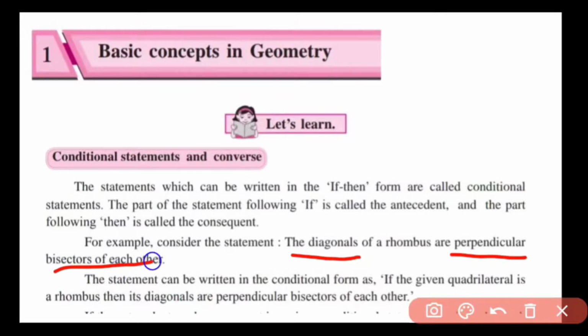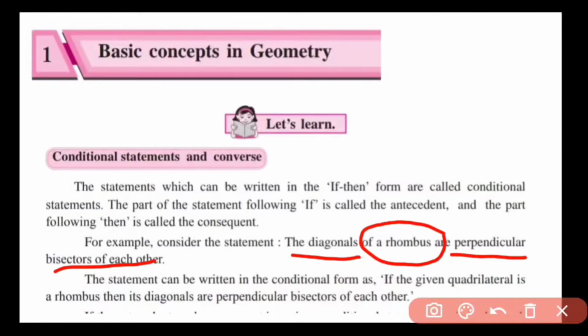Diagonals are perpendicular bisectors, but of what? Of a rhombus. So in this way, we have to make two separate parts of the given sentence, and then convert it into the conditional statement. Let us see how it is converted.